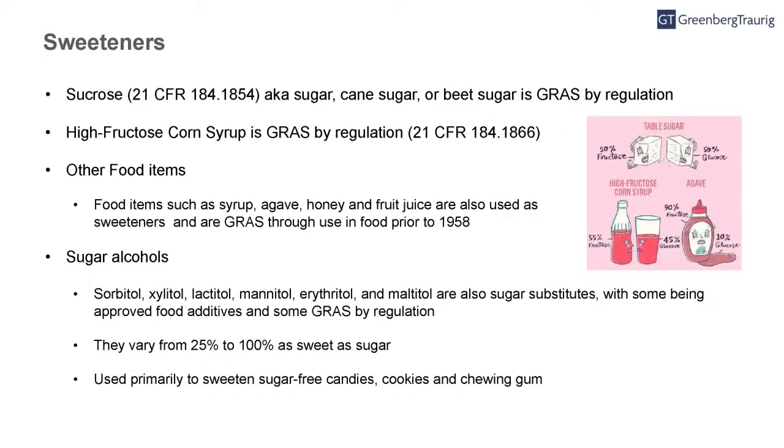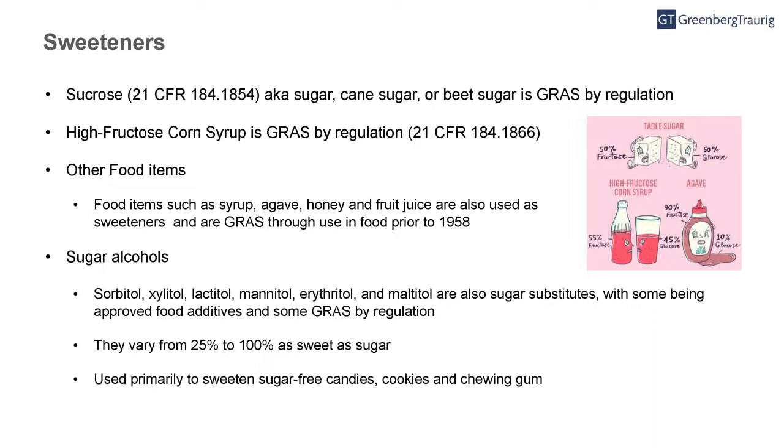For example, sucrose can be found at 21 CFR 184.1854. Sucrose, otherwise known as sugar, cane sugar, or beet sugar, is GRAS, remember, generally recognized as safe, by regulation. High fructose corn syrup is also GRAS by regulation and can be found at 21 CFR 184.1866.